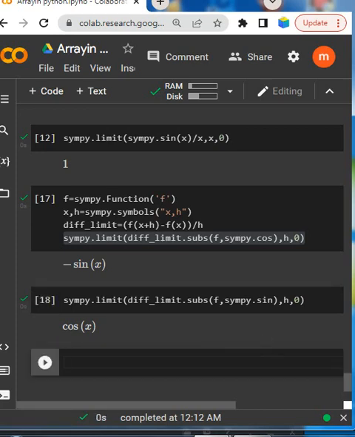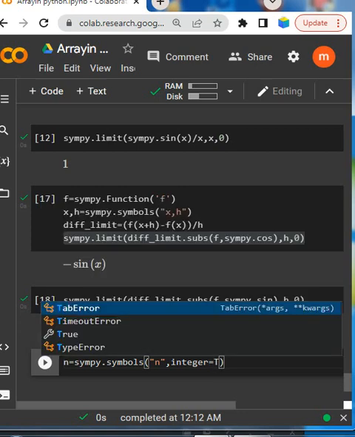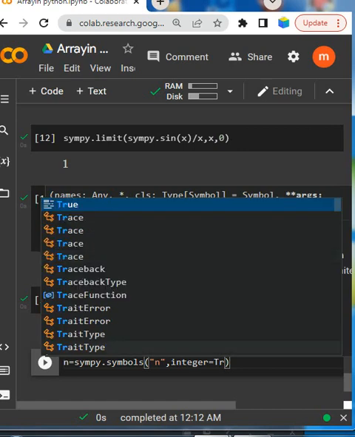So if I write here, n will equal sympy.symbols('n', integer=True).